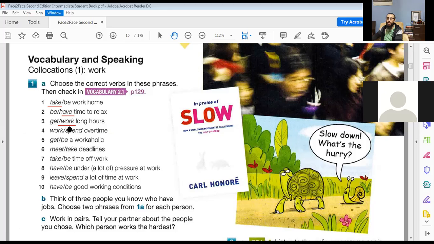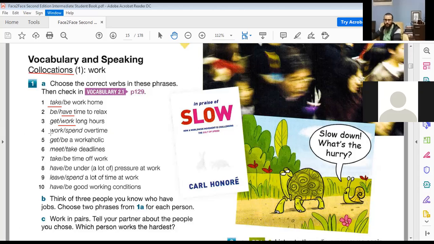But maybe in the middle of your conversation, you'll make a mistake and say get. It's easy to confuse them. So here it's a reminder how to use the right verb. This is the meaning of collocation: the right verb for the right phrase or words.